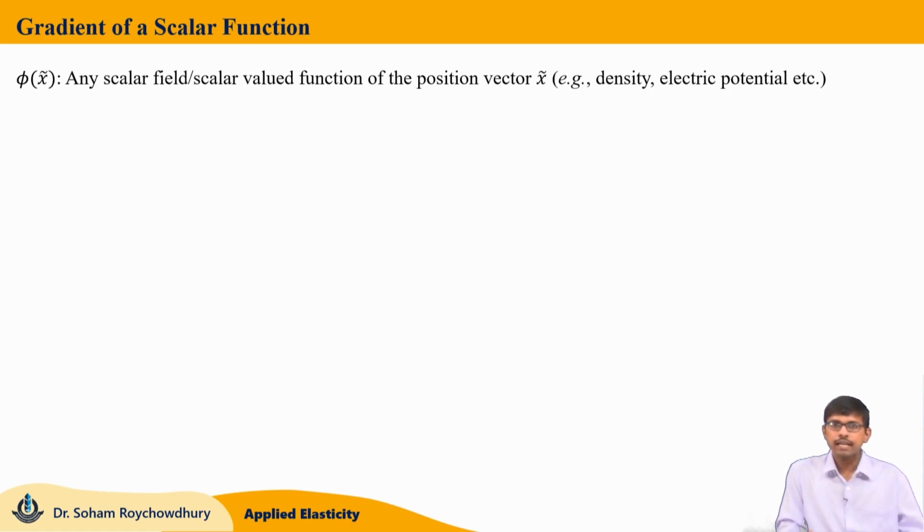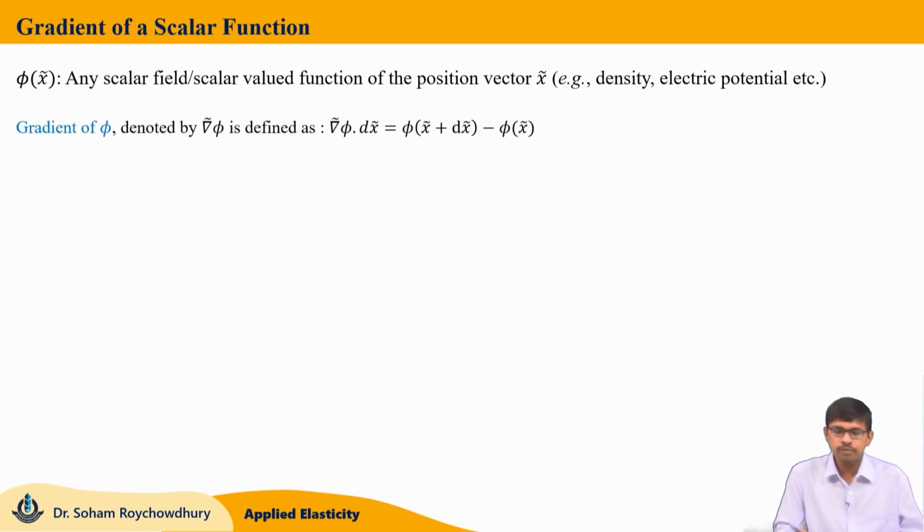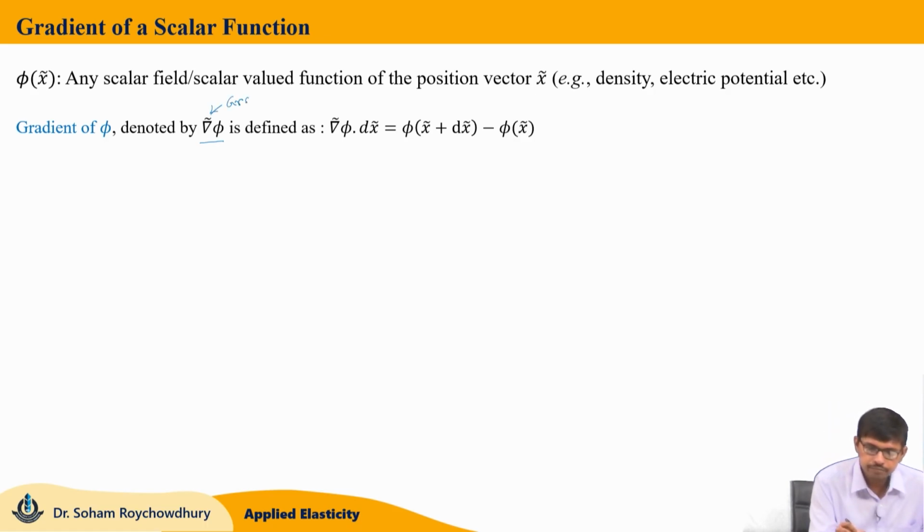So, phi is a function of the x vector; this is called a scalar valued function of the position vector x. Now, the gradient of the scalar phi is defined to be a vector and is denoted by this. This particular operator is called the gradient operator.